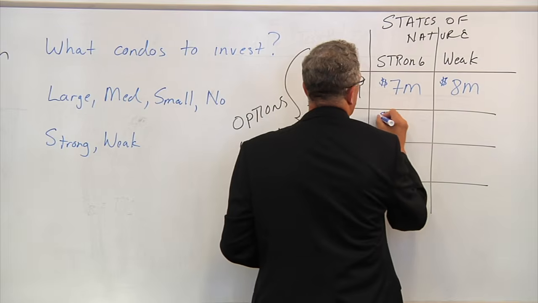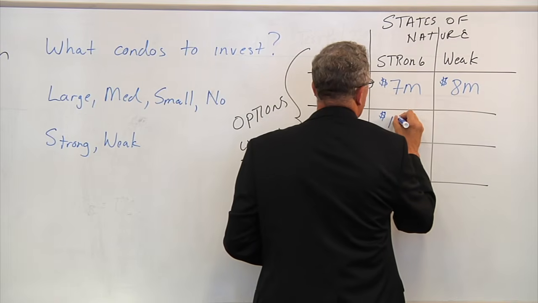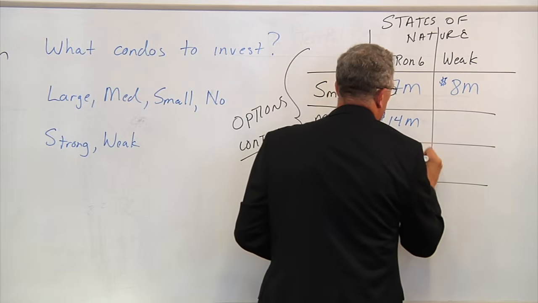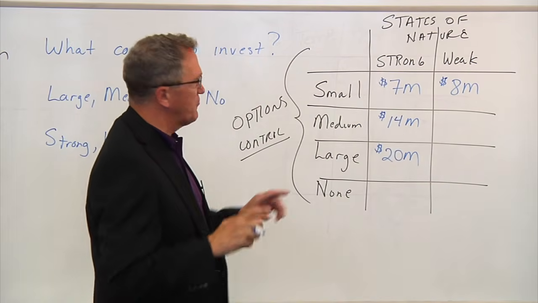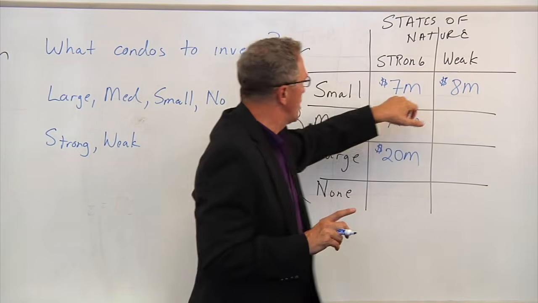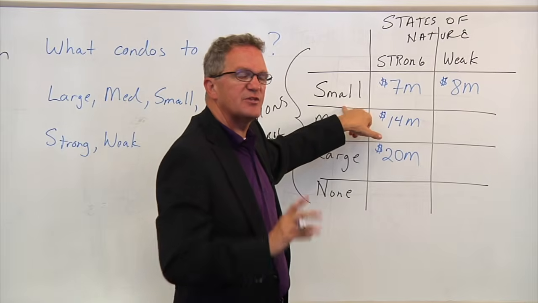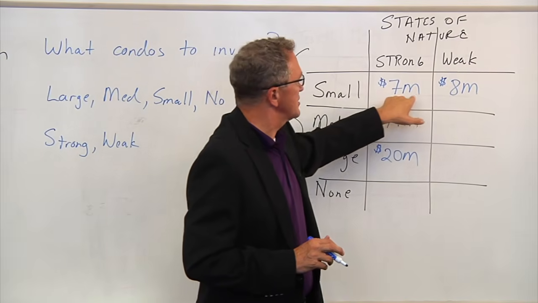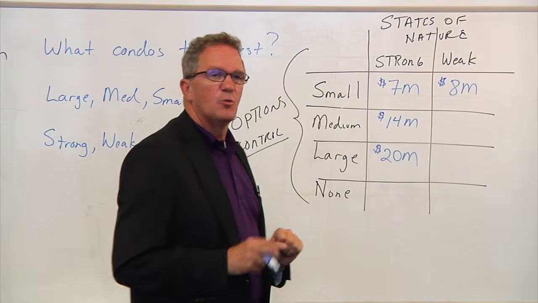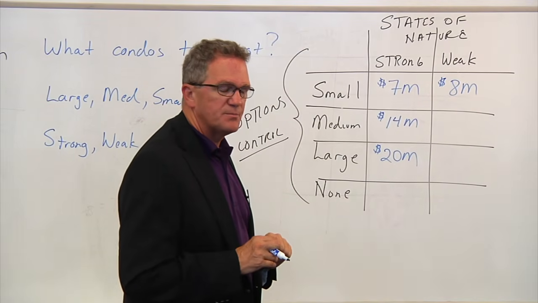Medium condos with strong gets me $14 million, and with large it gets me $20 million. But if we have weak demand for condos, the people who do buy condos are probably going to buy the smaller units and invest less money in them. So it is entirely possible that we would make more money with weak demand with something that requires a lower investment.